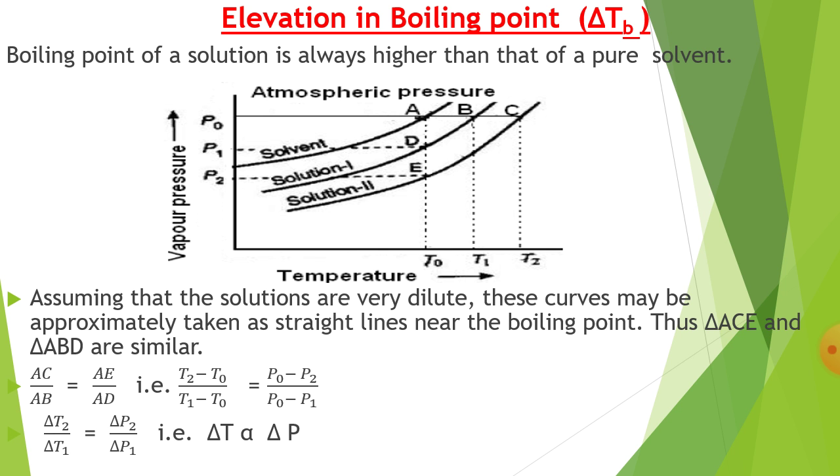In that condition, AC by AB equals AE by AD, that is T2 minus T naught divided by T1 minus T naught equals P naught minus P2 divided by P naught minus P1. That is, delta T2 divided by delta T1 equals delta P2 divided by delta P1, which indicates delta T is directly proportional to delta P, that is, the change in temperature is directly proportional to the change in pressure.